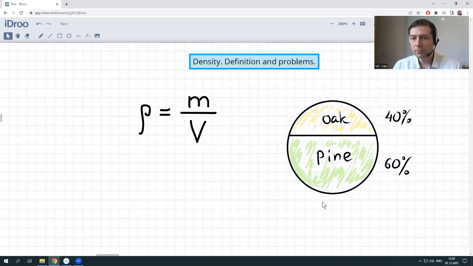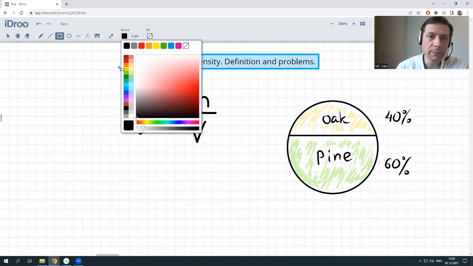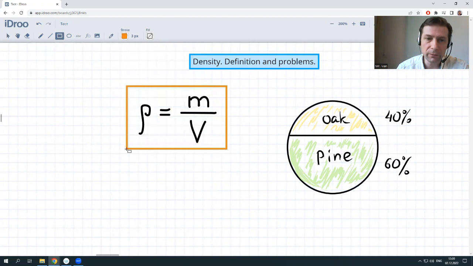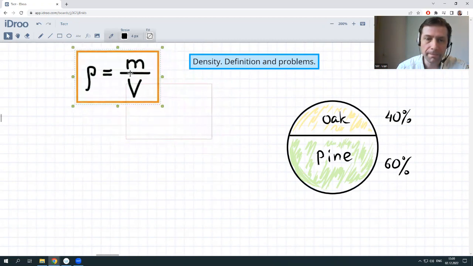What would be its average density? In order to calculate it, we have to know the total mass and the total volume. Even though we do not know the total volume, we just know the percentage, still we can solve this problem. That's quite interesting. Let me take the basic formula into a frame and move it a bit upwards.